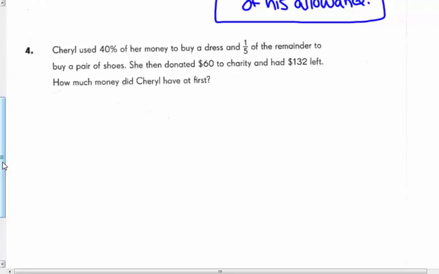If she used 40%, that means her remainder is 60%.